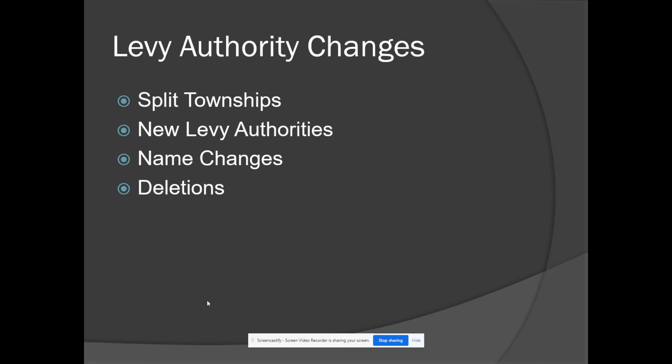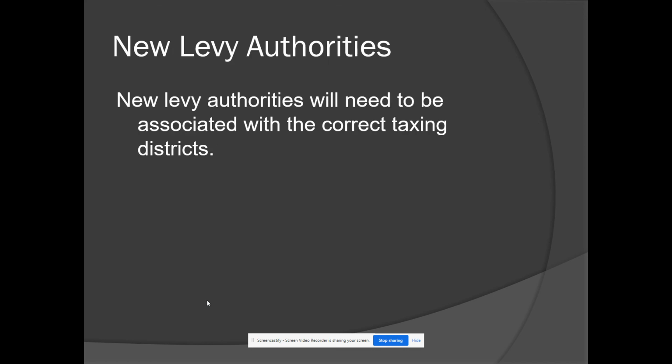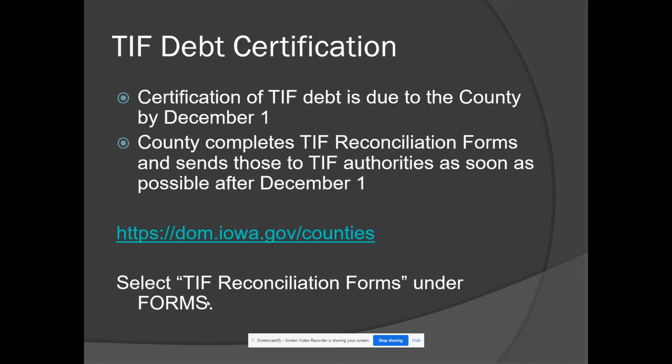Some of them are initiated from the state level, for instance, all those school district changes, and some may be initiated locally, like split townships or any new levy authorities. A new levy authority does need to be associated with the correct taxing district. So if someone created a new, say, lighting district within your county, we would create that lighting authority district, and then we'd have to associate it with the correct taxing districts where it's going to be taxing against.